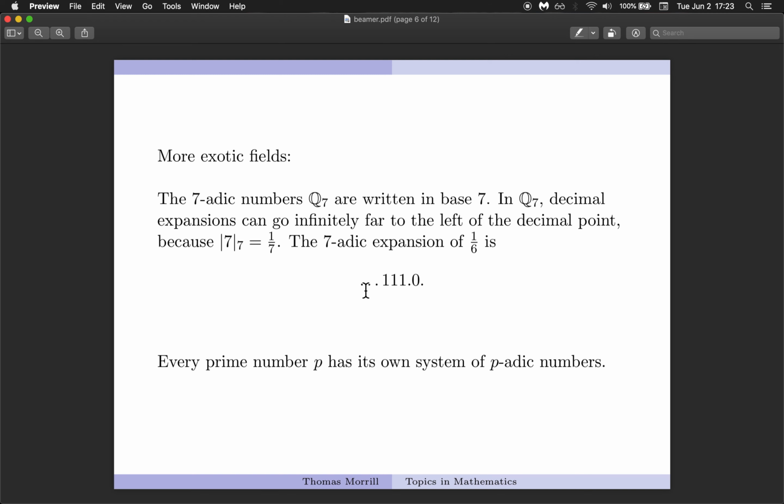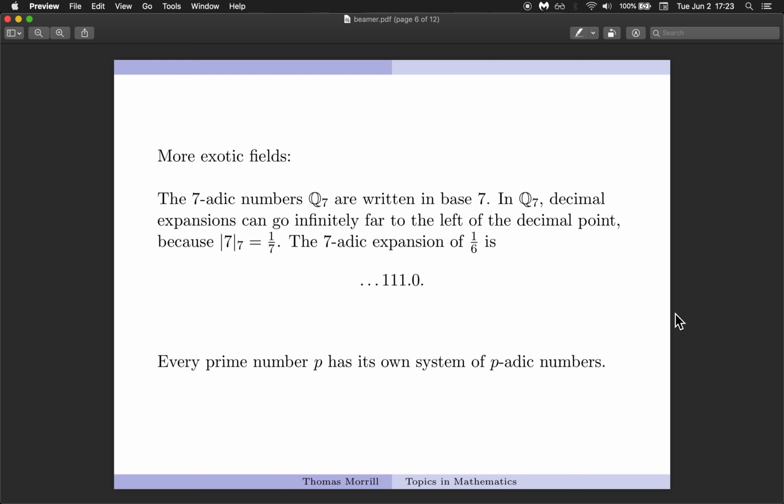I have a 1 in every position to the left. And I have a 0 in the 1/7 place, a 0 in the 1/49 place, a 0 in the 1/343 place, and so on.